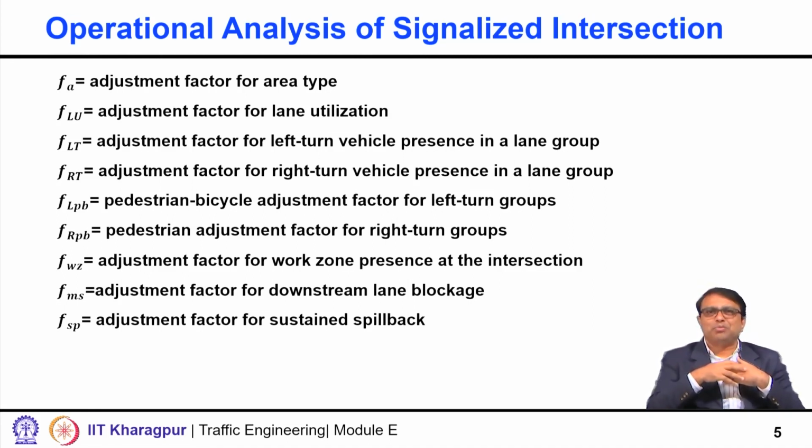All these adjustment factors are to be considered to get the saturation flow under a prevailing condition from the base saturation flow. Now, if you look at the Highway Capacity Manual, how each of these adjustment factors is calculated in a context specific situation is quite complex, not so easy.